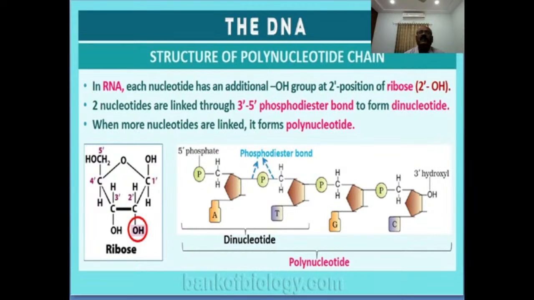So, in DNA and RNA, how these nucleotides are connected, you see by this diagram. See, this is ribose sugar. Ribose sugar is present only in RNA, whereas in DNA, deoxyribose sugar is there.